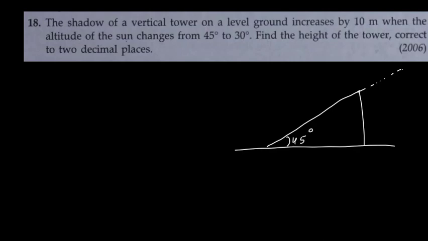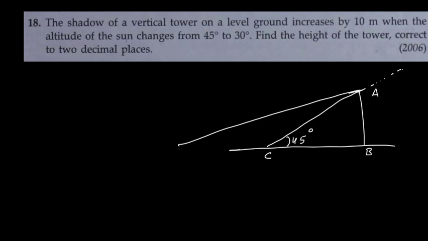Now this is shadow, this A, B and C, this BC is shadow. Now the length of shadow is increasing when the angle changes to 30 degree. So when sun will go down, I will get something like this on the ground.